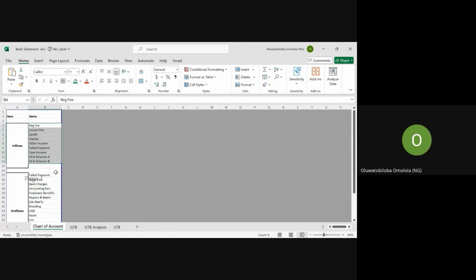In this case, I have analyzed that, okay, for this company, the major inflows are fees for registration and fees for lessons. Let's say, for example, we are doing it for a company that does tuition for students.